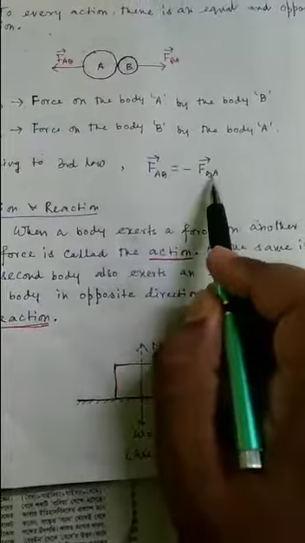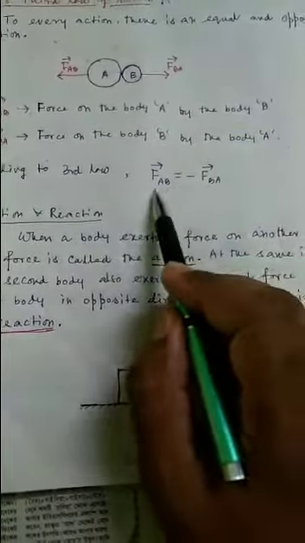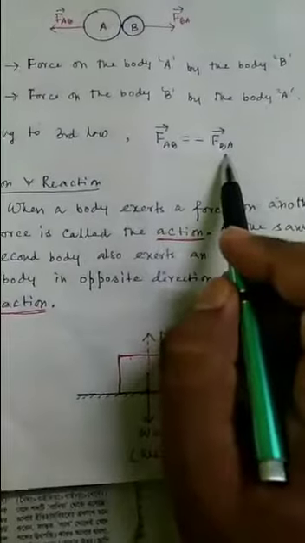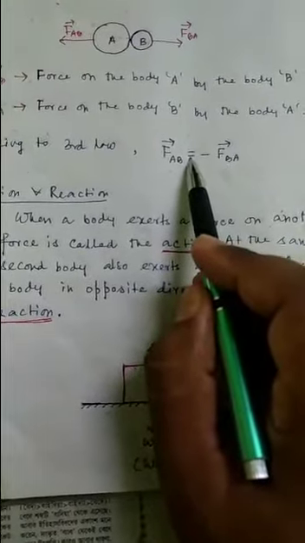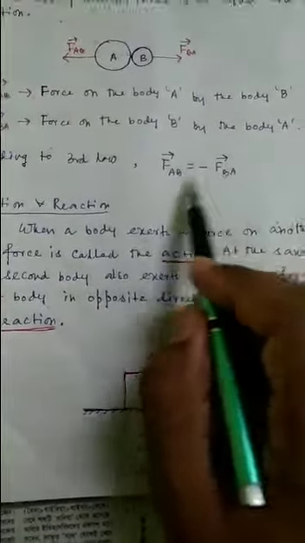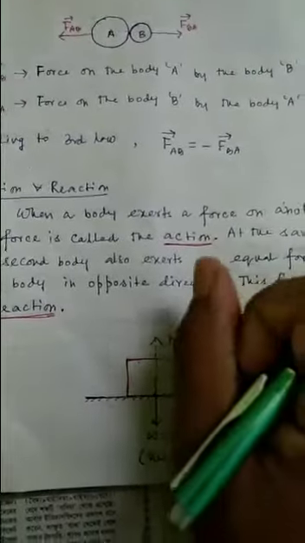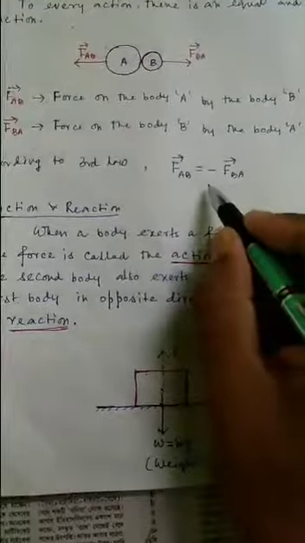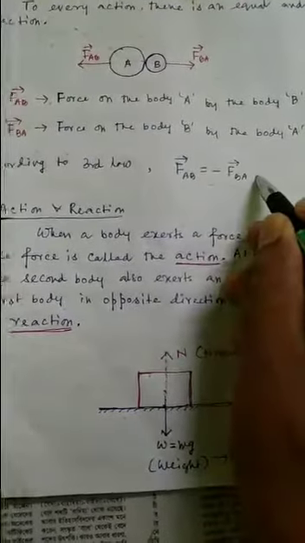That means these forces are oppositely directed. And the equal sign signifies the magnitudes of the forces are equal. Is that clear? So this is the mathematical form of Newton's third law of motion.